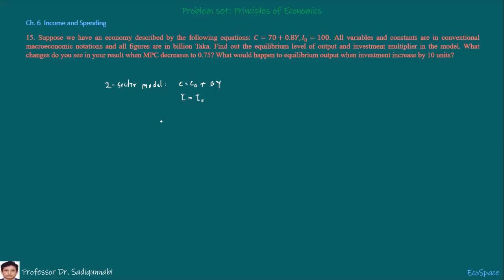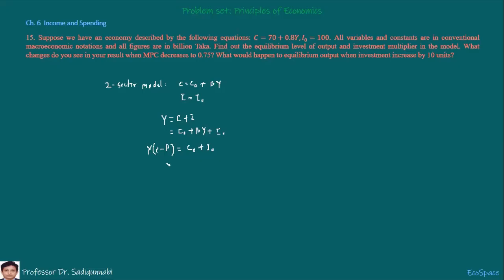So the aggregate demand identity for the two-sector model is y equals C plus I, which implies C naught plus beta y plus I naught. So rearranging this, we get y times 1 minus beta equals C naught plus I naught.